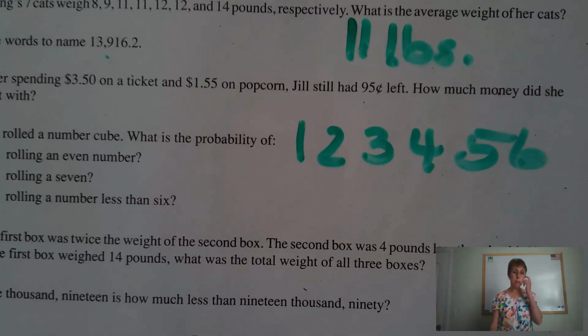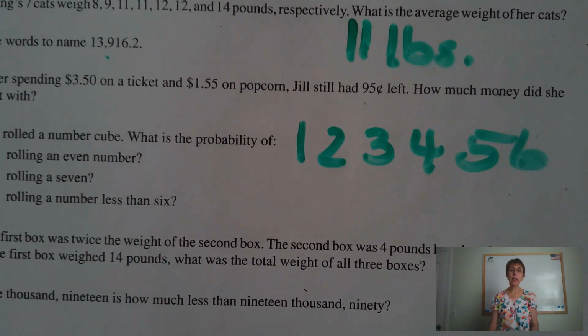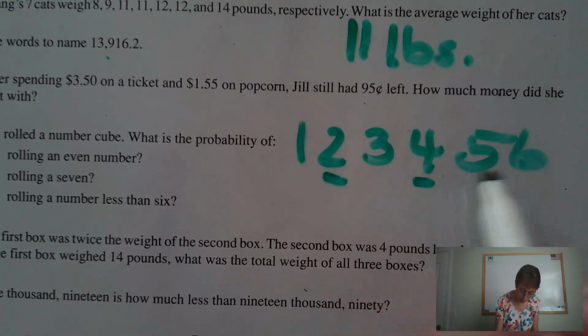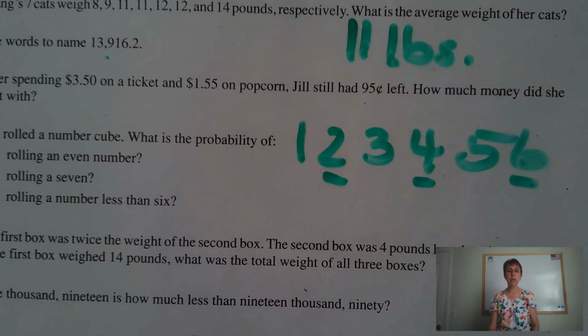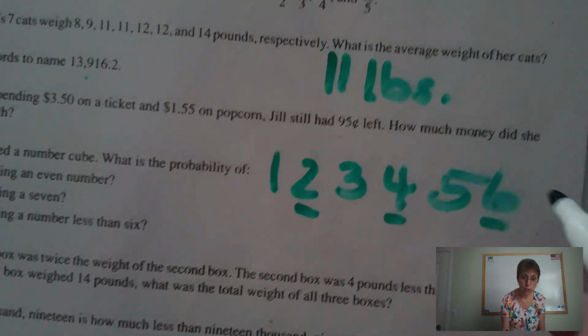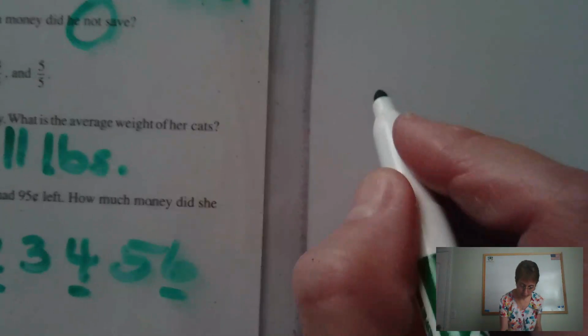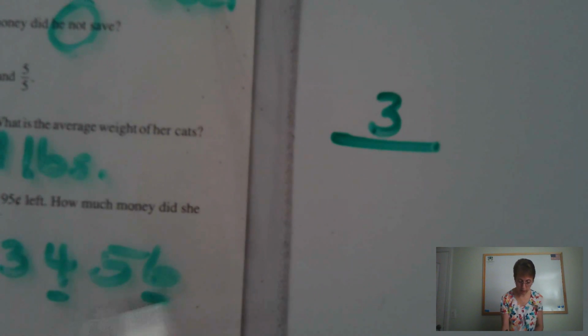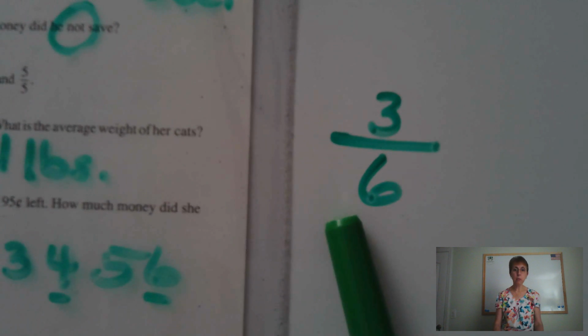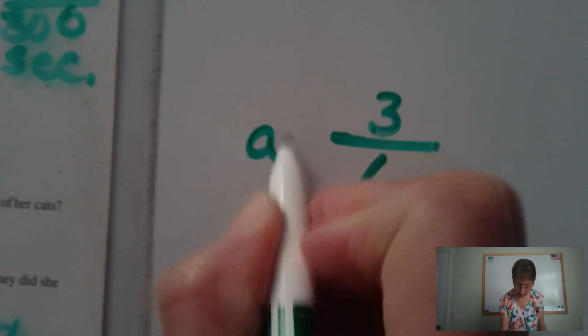Now, what is the probability of rolling an even number? Well, you have 2, 4, and 6. They are your even numbers. So that gives you 3 even numbers out of 6. So the probability of rolling an even number would be 3/6.